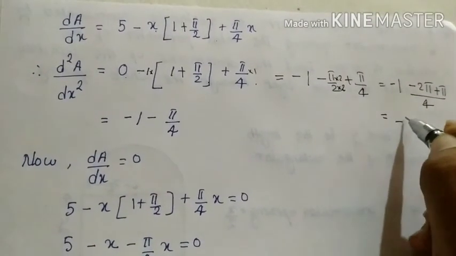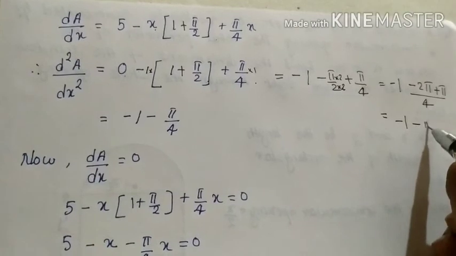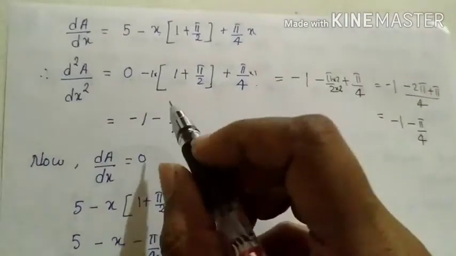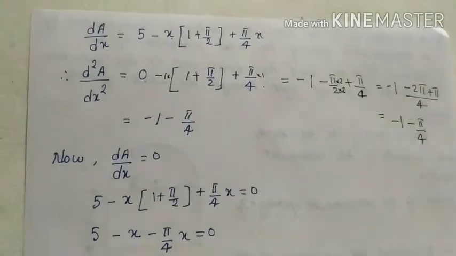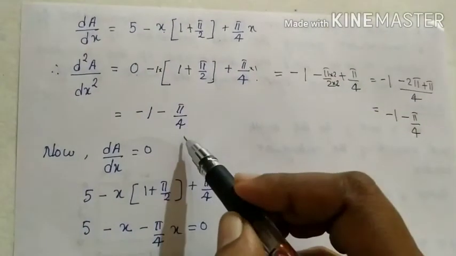So here we get minus 1 minus pi by 4. So d square A by dx square is minus 1 minus pi by 4.